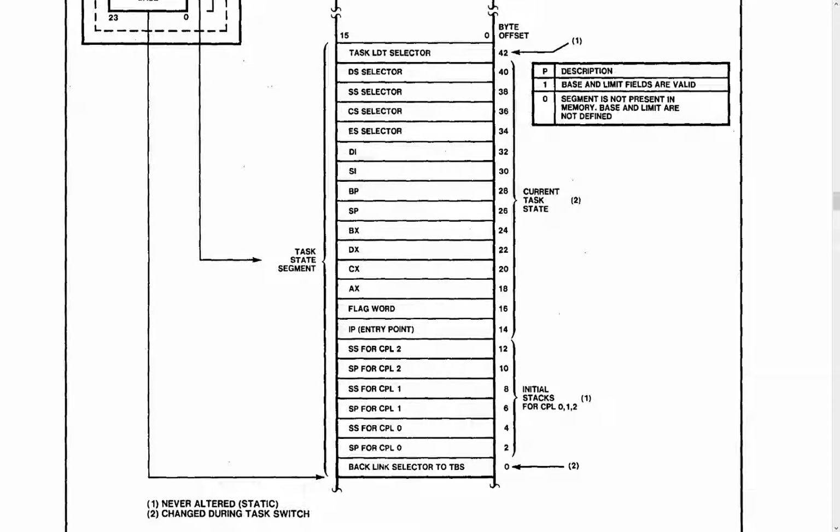But some of the fields the CPU never touches, so we set up these stack pointers in the TSS, and the CPU would never do this for us. We need to have this set up, and similarly we need to have the LDT selector set up.